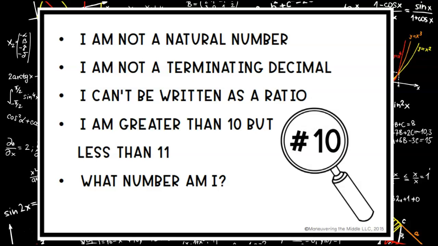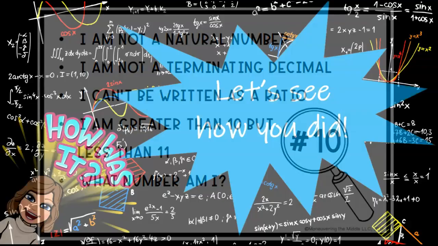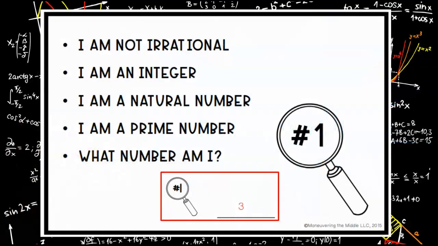All right, so let's go through and see if you picked out the correct value for each of these. Number 1 is 3. Now, 3 is not irrational. 3 is an integer. 3 is a natural number. 3 is a prime number. That is number 1.